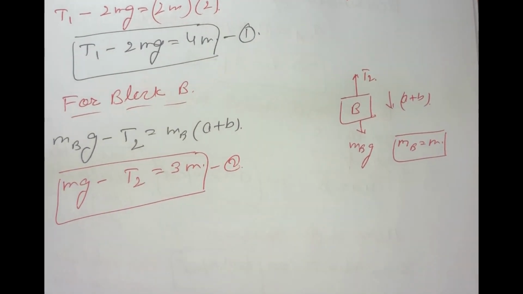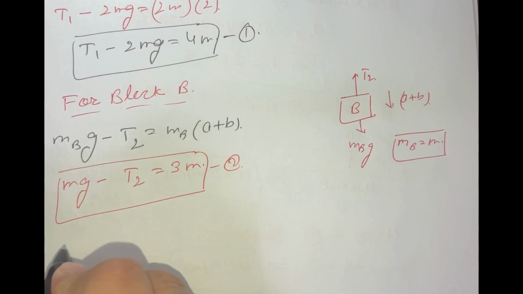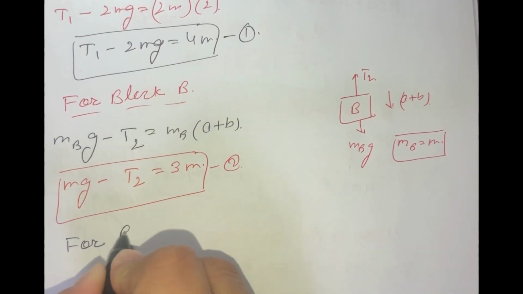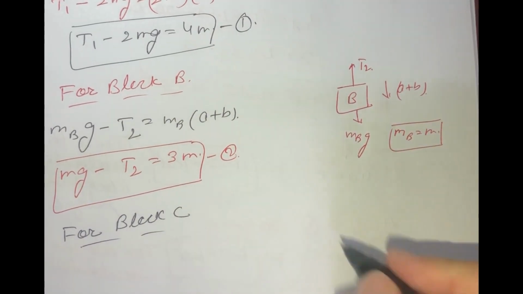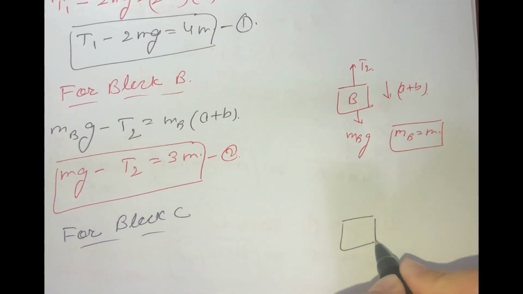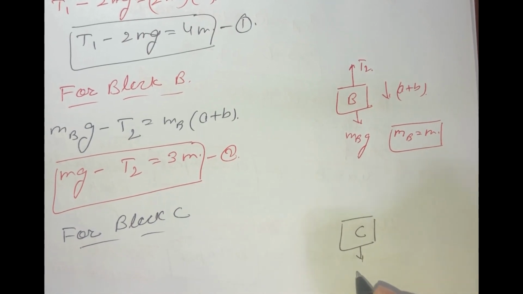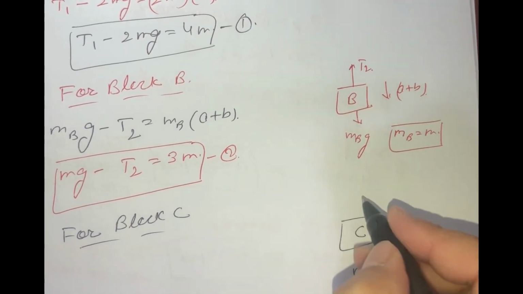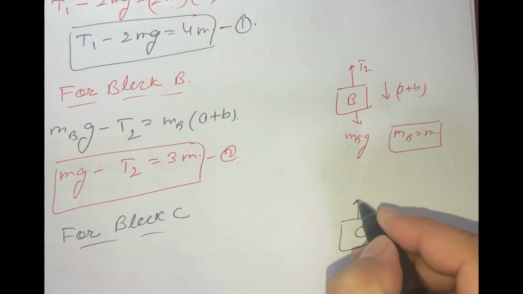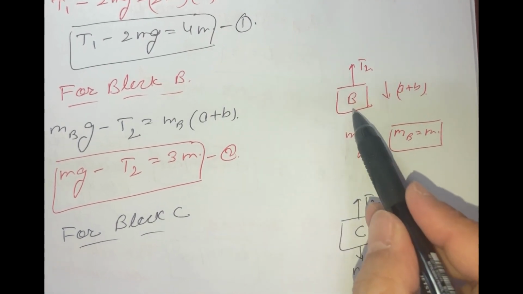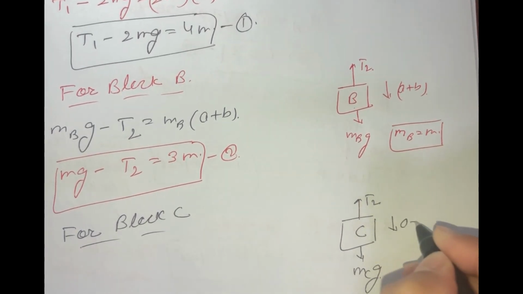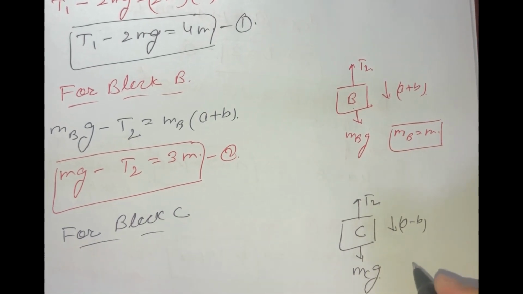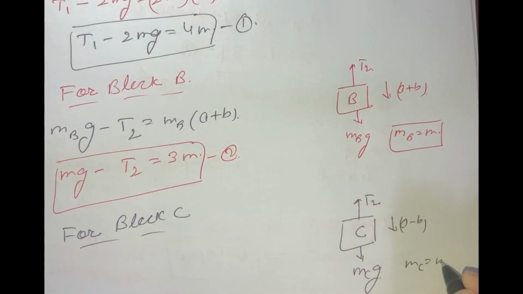Now for block C. In the downward direction we are going to have mCg and there will be tension T2 because block B and C are interconnected, and it is having a downward acceleration of a minus b, and mC, the mass of C, is given as m prime.